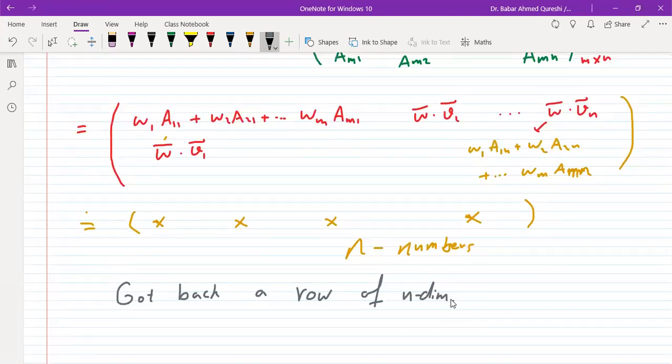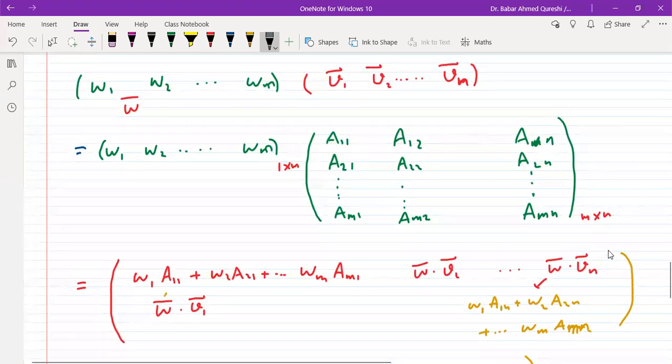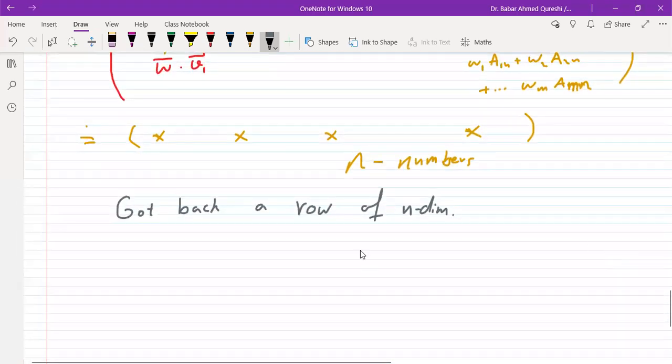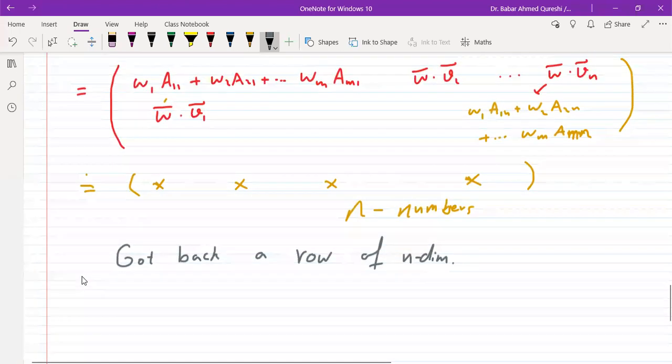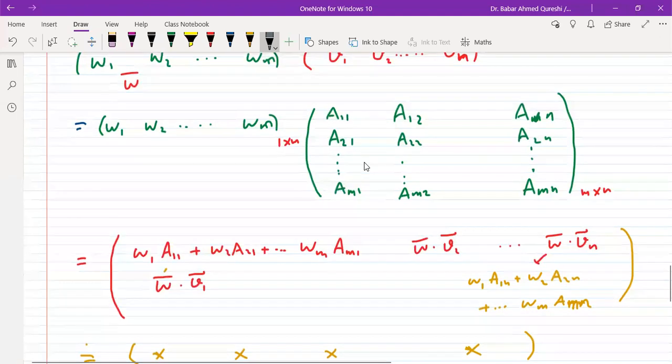We multiplied a column from the left by a matrix, its dimensionality changed, but I got back a column. In this case, I multiply a row from the left to the matrix and I get back a row. It's just that its dimensionality is changed. It picks up this n from the matrix. But looking at these numbers, I can think of it in another way.